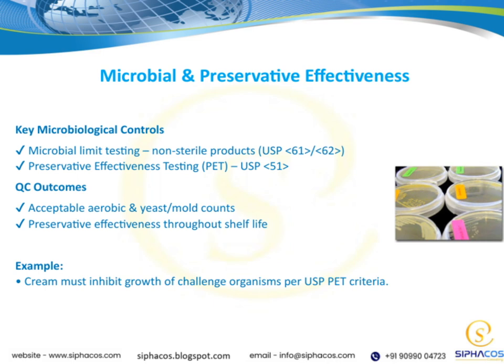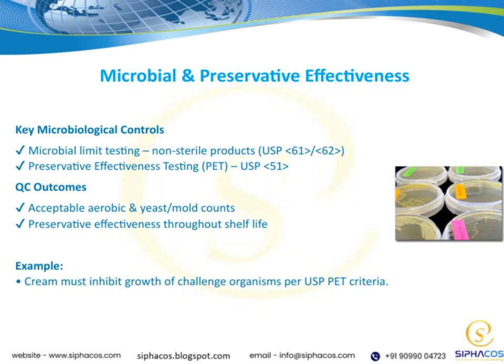Now, moving on to QC outcomes, we look for acceptable aerobic and yeast mold counts. This means our products shouldn't have excessive microbial presence. Additionally, we verify that preservatives remain effective over time, consistently protecting the product during its entire shelf life. For example, in the case of cream, it must inhibit the growth of challenge organisms according to USP PET criteria.